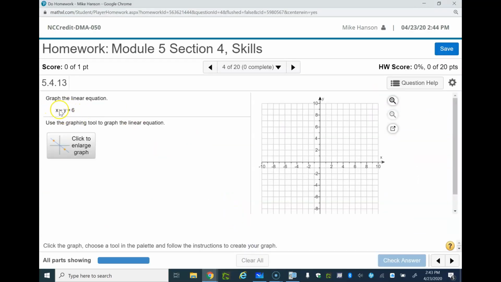So first one, number 4, this one again is not in the y equals form. Again, you just need to go ahead and practice getting into that y equals form.